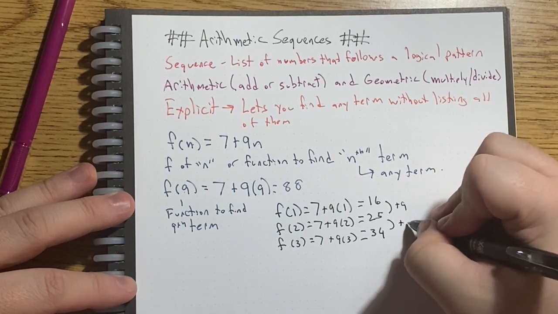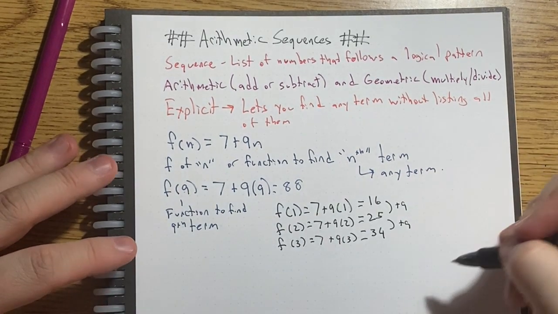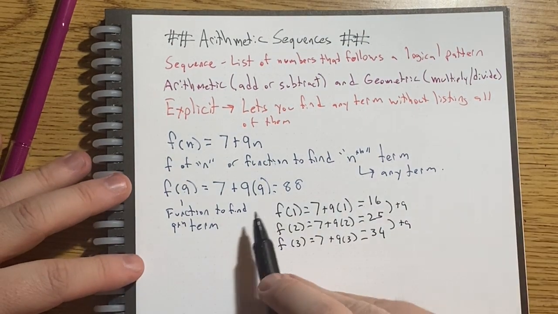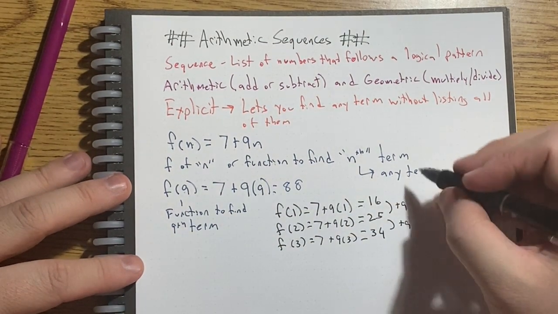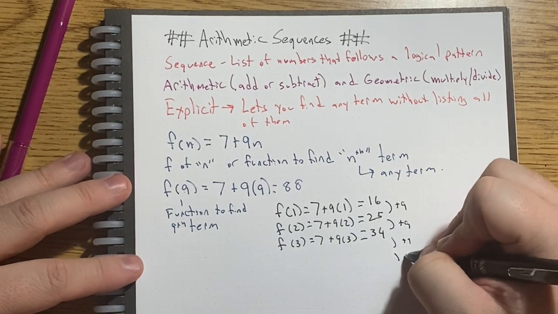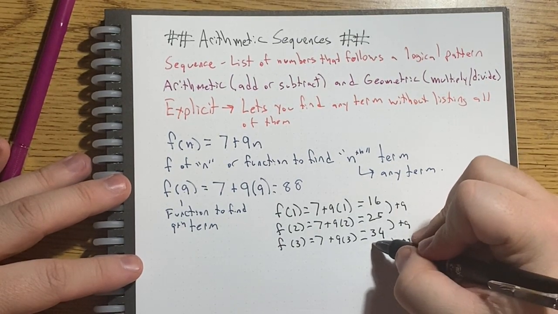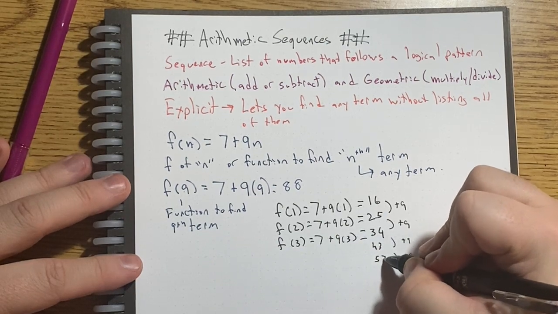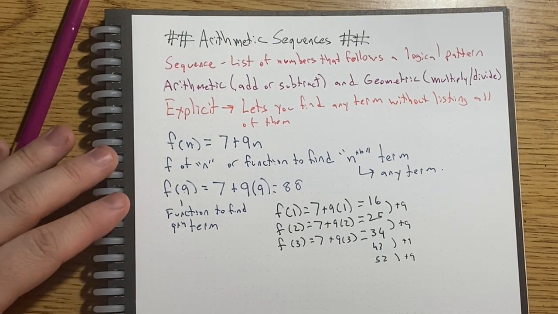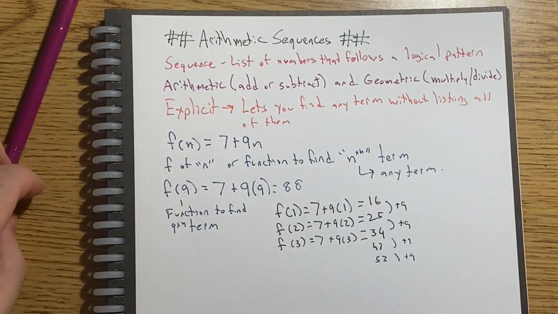And as you can see, really all that's happening is it's going up by 9 every single time. So if I wanted to find the 9th term, I could have just started listing plus 9, and gotten 43, 52. But once again, this is just a faster way of doing it, so we don't have to keep going over and over again.